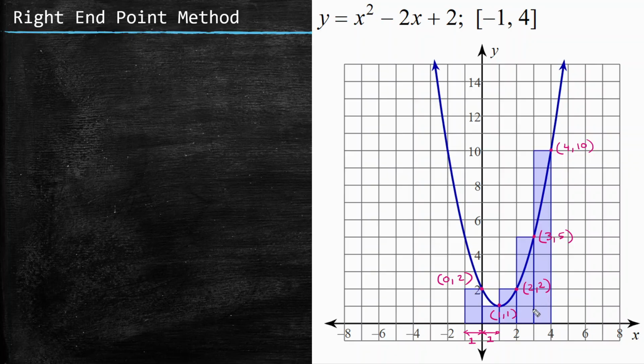These are also known as rectangular strips, and the width is equal and it is uniformly equal to 1.